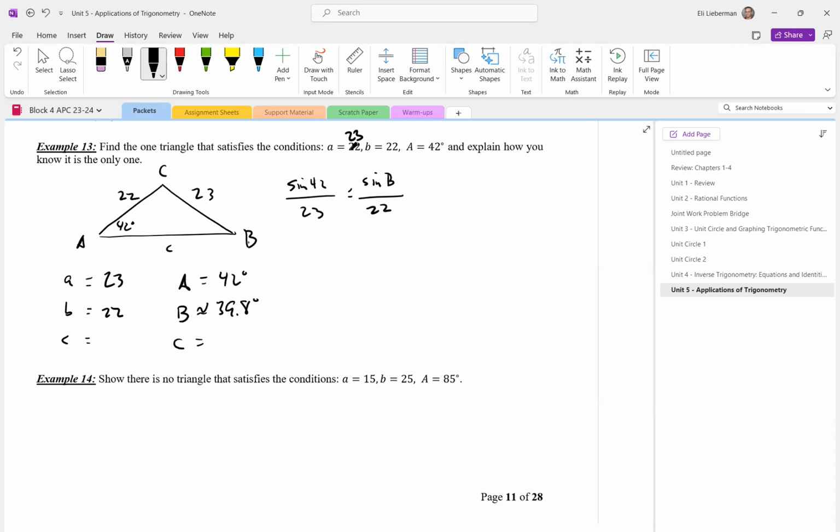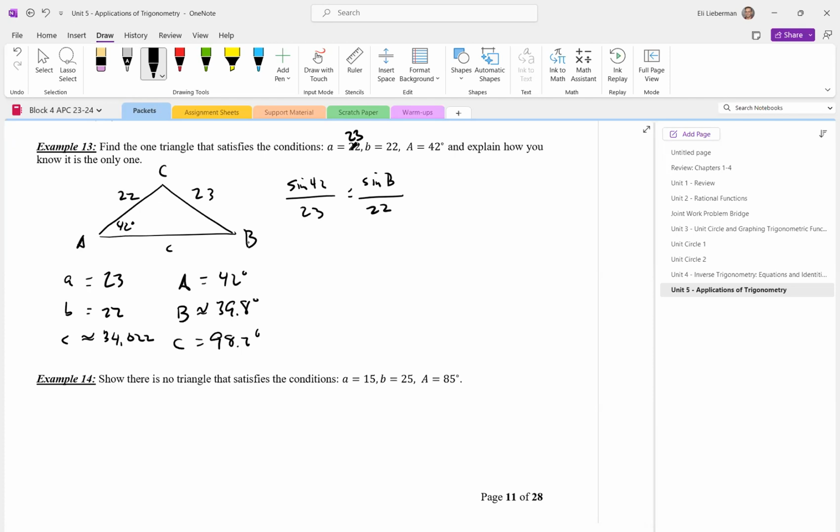Okay, and from there, did you get C? Nice, I'm having a hard time doing that in my head. Could you tell me the final result? 34.022. Are we good with that? Any questions?